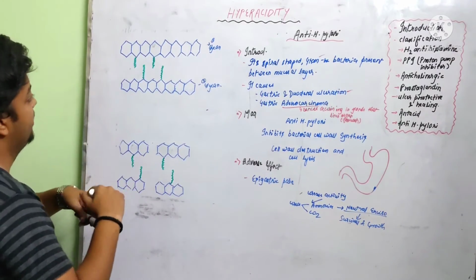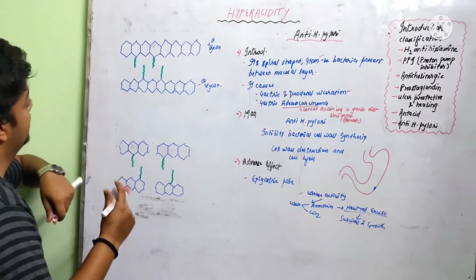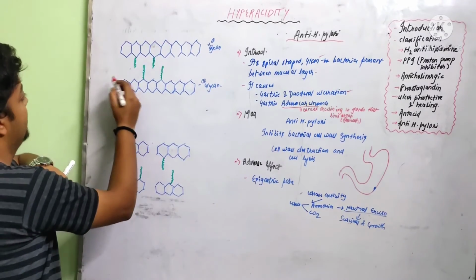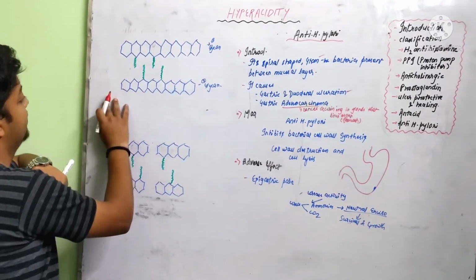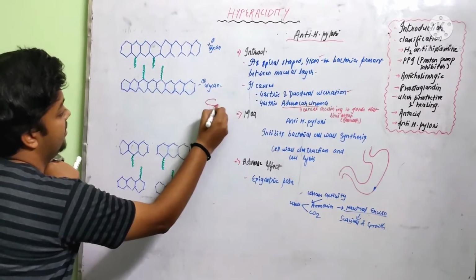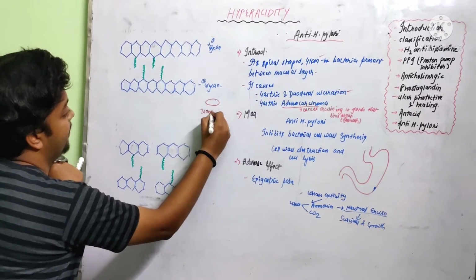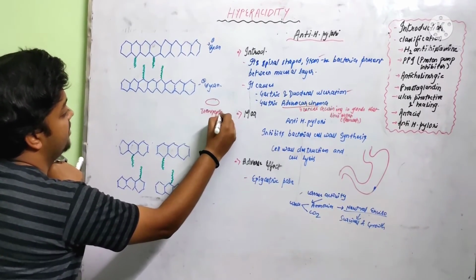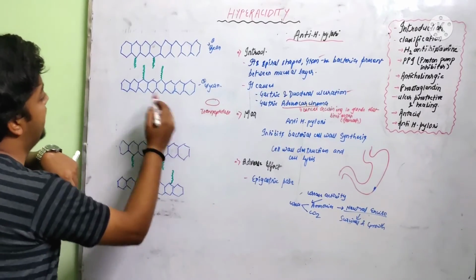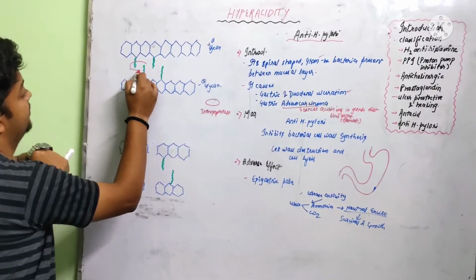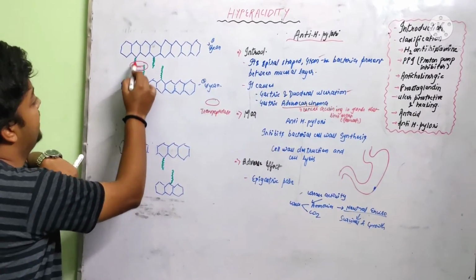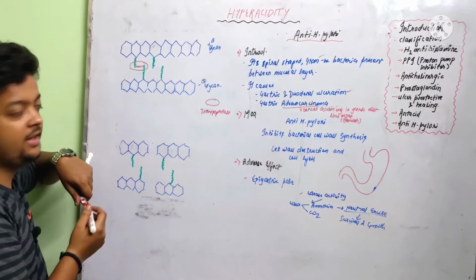So what happens here is that one enzyme causes this crosslink action. How? Let's suppose this is the transpeptidase enzyme. Now this enzyme helps in the crosslinks of this peptide. This is how the crosslinks are happening between the peptide chains of both glycan linear strands, right?